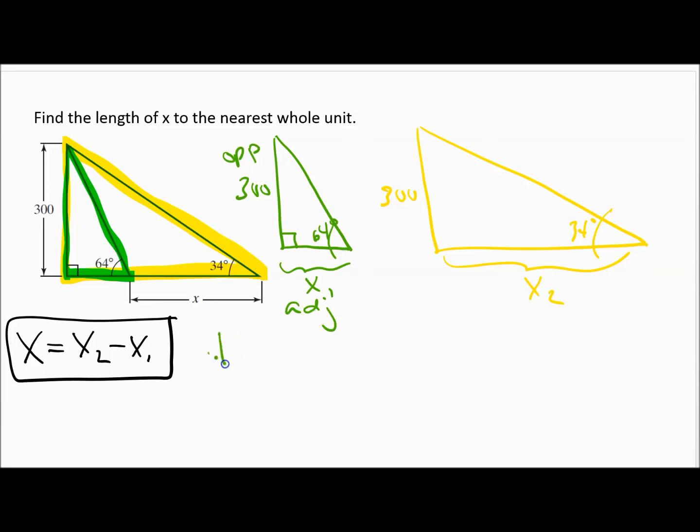So we could say tangent of 64 degrees is equal to opposite, which is 300, divided by adjacent, we're calling x1. Now to solve this equation, I need to multiply both sides by x1, because I cannot solve with my x in the denominator.